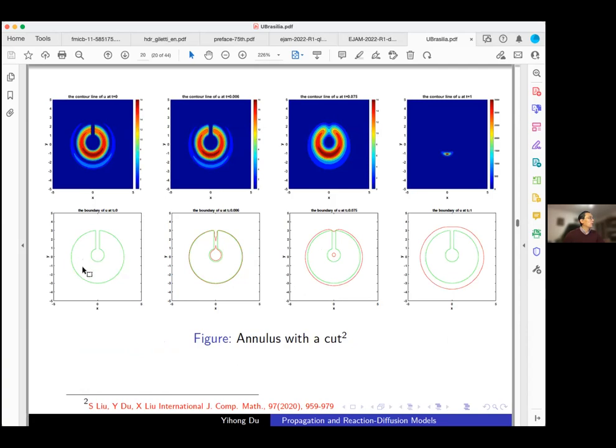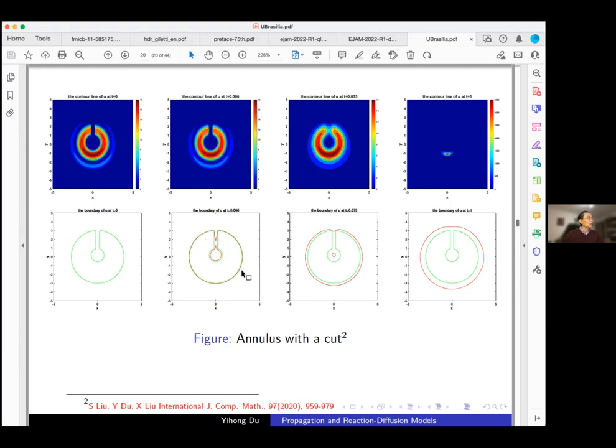If omega 0 is this annulus with a cut, then when time t increases, you can see we don't always have a smooth free boundary. You can see we have singularities here. Gamma t in these graphs is represented by the red curve in dimension 2.